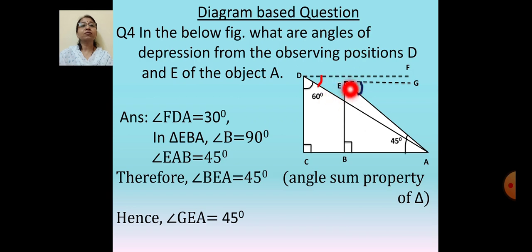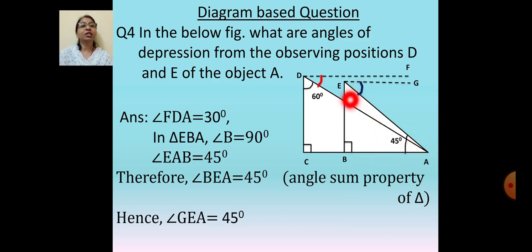Now come to observer E. With respect to observer E, this EG line is the horizontal line of vision. So angle GEB is 90 degrees. But we do not know the measure of angle BEA. That can be calculated very easily. For that, consider triangle EBA. In this triangle, angle B is 90 and angle A is 45 degrees.